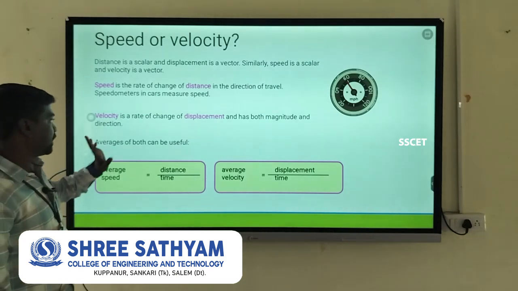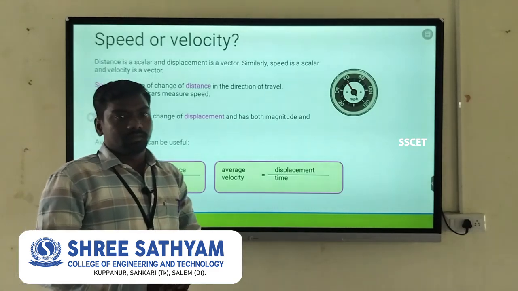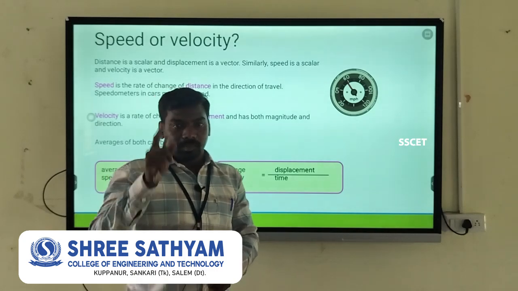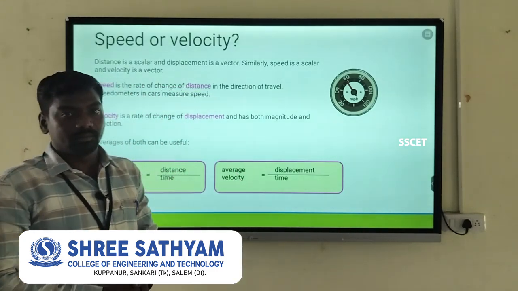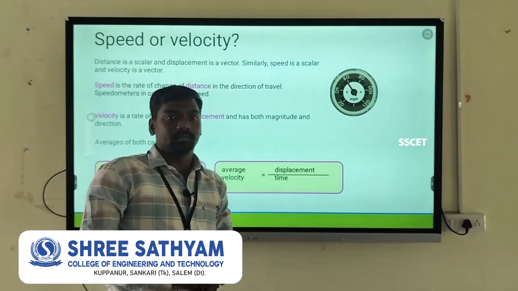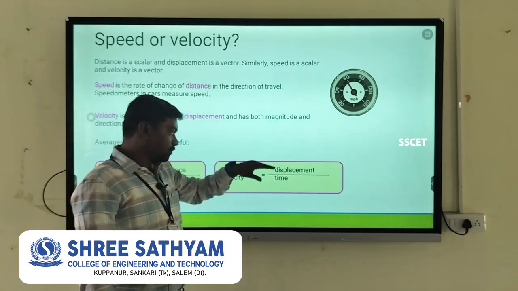Next, velocity. How do we calculate velocity? What is the difference between speed and velocity? Speed only considers distance and time, but velocity considers displacement. The average velocity equals displacement by time.